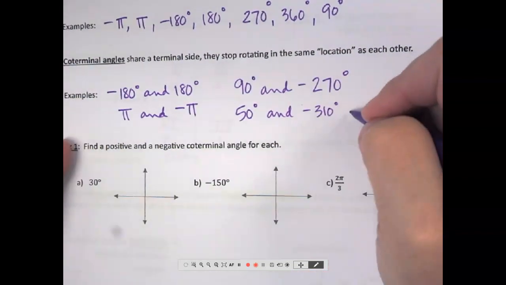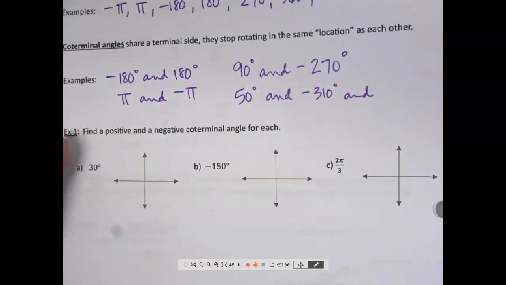Give me another one. If I rotate 50, I'm right here in the first quadrant. But how could I rotate more and still end up right here? And how do we get that? Yeah, add another rotation.